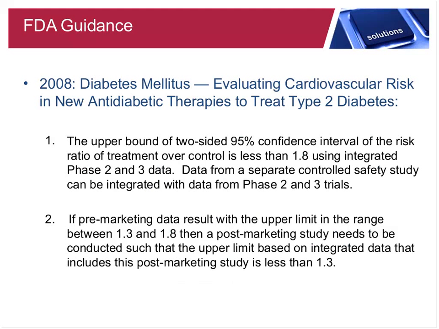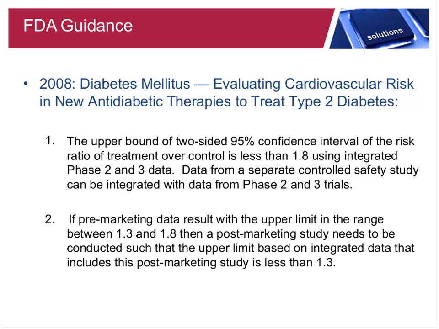The biggest event that necessitated these large CV trials was the FDA guidance published in 2008 for diabetes, evaluating cardiovascular risk in new antidiabetic therapies to treat type 2 diabetes, resulting from some issues experienced with some drugs at that time, and Avandia in particular.